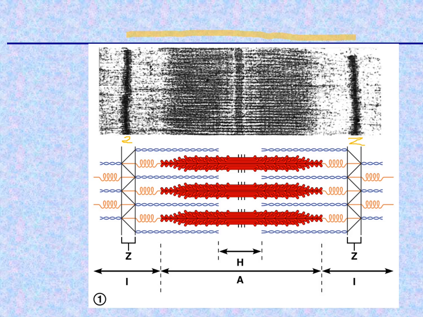So you have the A band, and you have the I band here, and another one here with the Z line there and there. So one sarcomere covers this area here, that part right there.